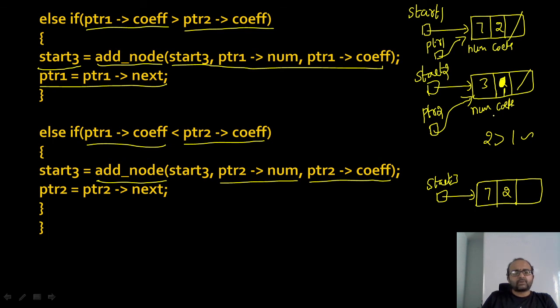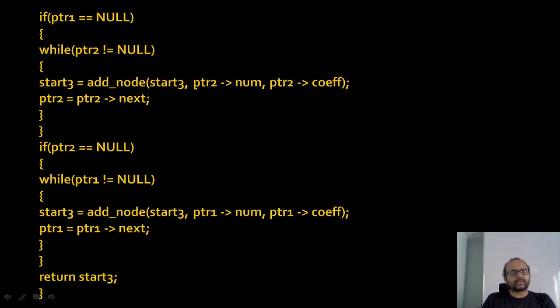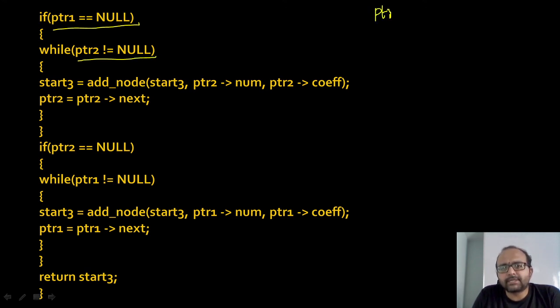Okay, so in that case that comes first, and ptr2 must be pointing to the next node, like this. Okay, so what happens when the ptr1 is already pointing to null but ptr2 is not equal to null? So I'll show you a quick example here.